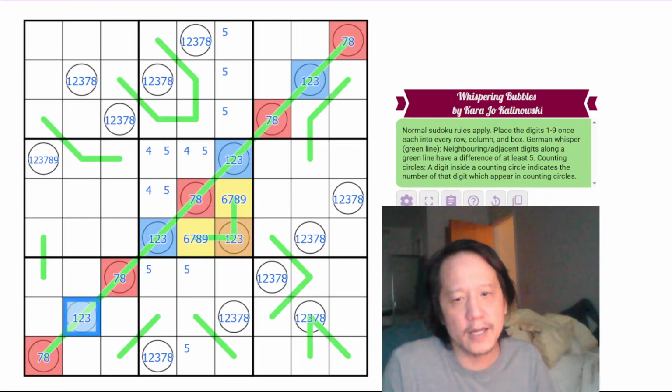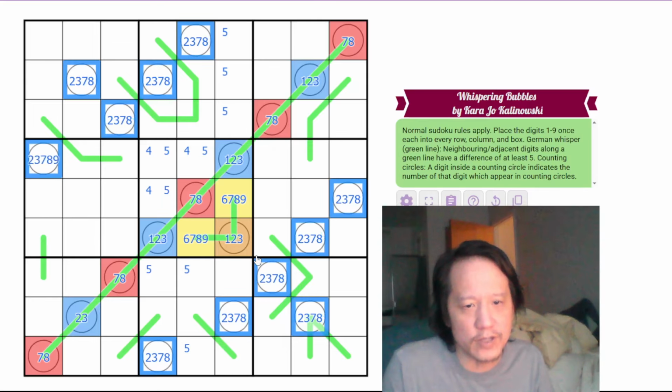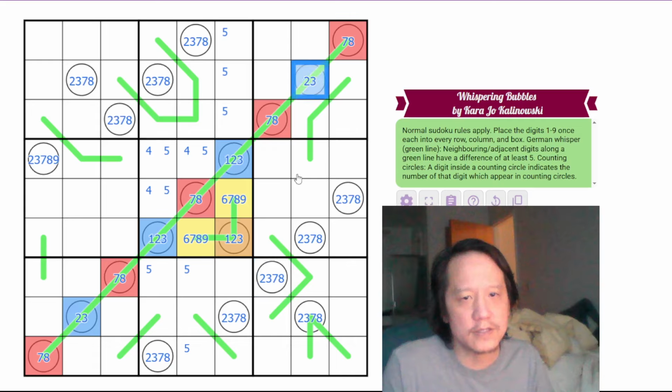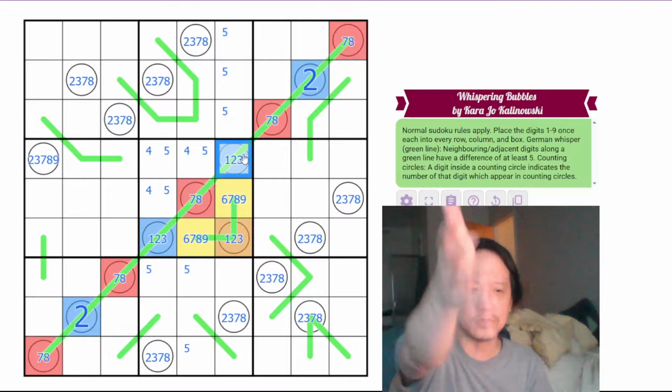So this cannot be 1 here because we have a 1, 2, 3 triplet already in box 5. That eliminates 1 from the rest of the boxes. This can't be 1. This is between 7 or 8. It has to be 2. So this is 2 and this is 2, and then we have the contradiction. Okay, so that shows the contradiction there.